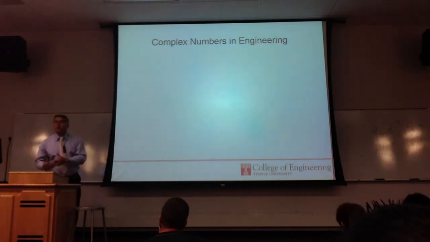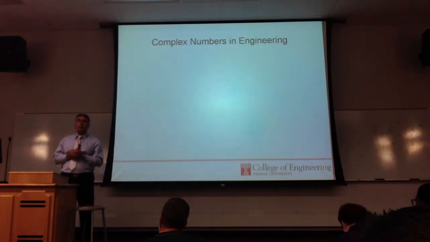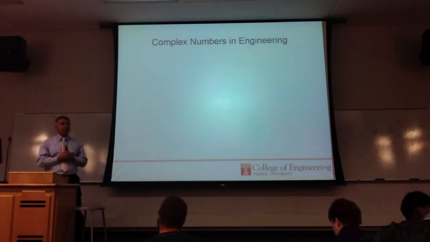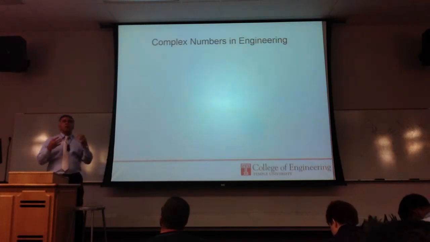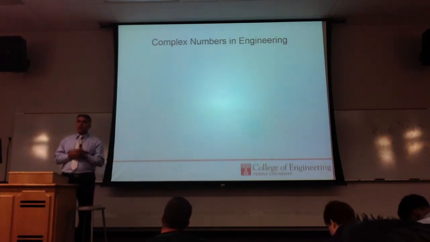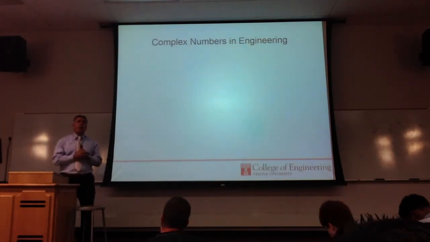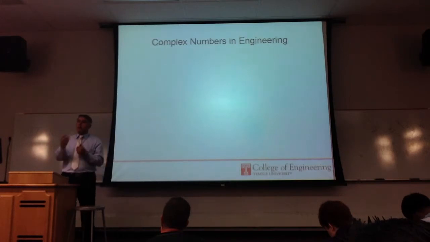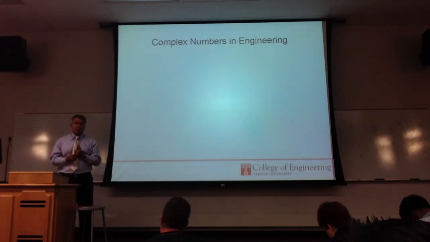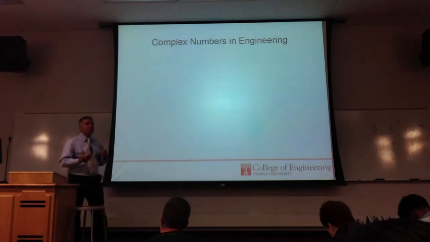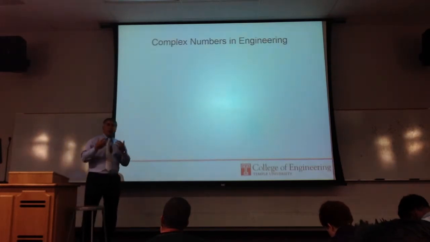Then we went from there to what? To vectors. Where we said, in physical systems, not only do you have a magnitude, but you also have a direction. Or in other words, not only do you have a value, but you have a purpose. Okay? So when you have a direction, so if I tell you, why are you here?